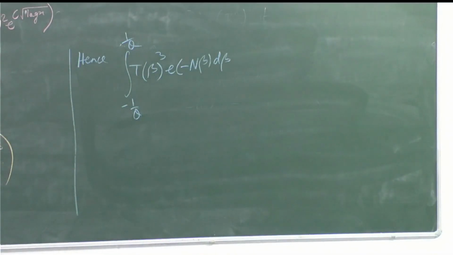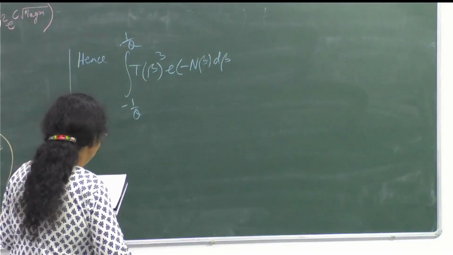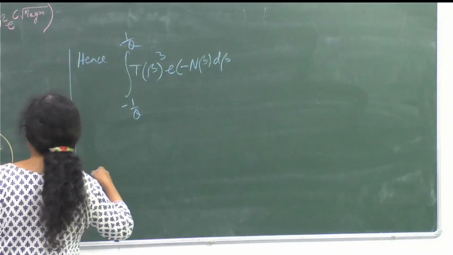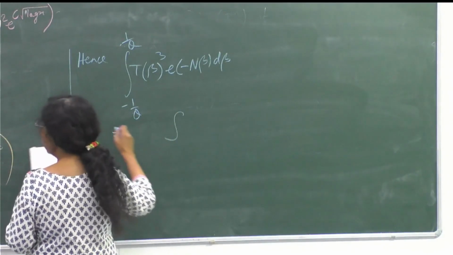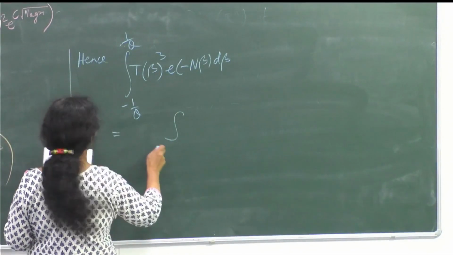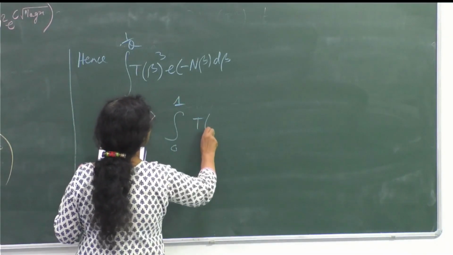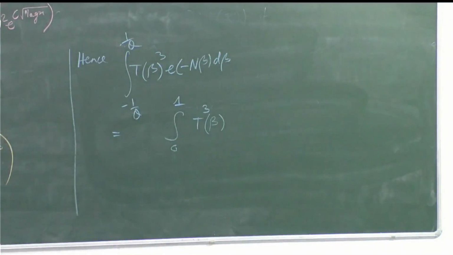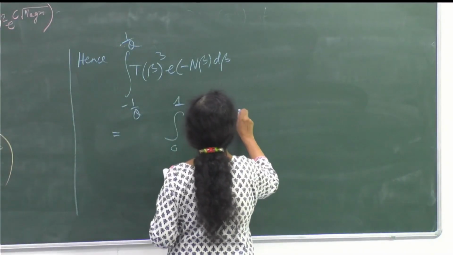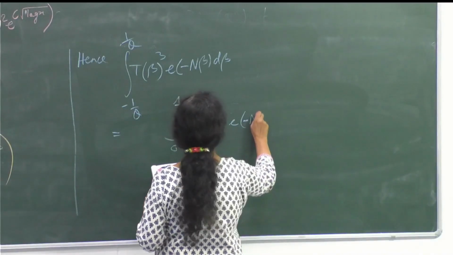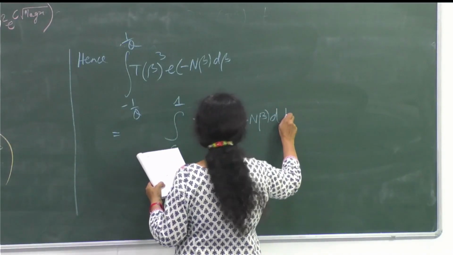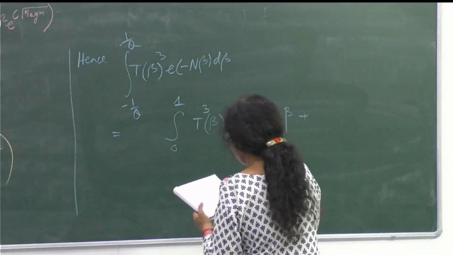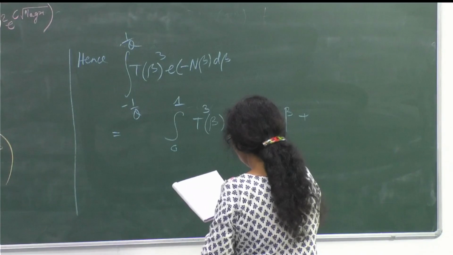And this one is equal to, therefore, write the first term, 0 to 1, T beta cubed, exponential n beta, stays the same, plus we saw how T beta behaves.